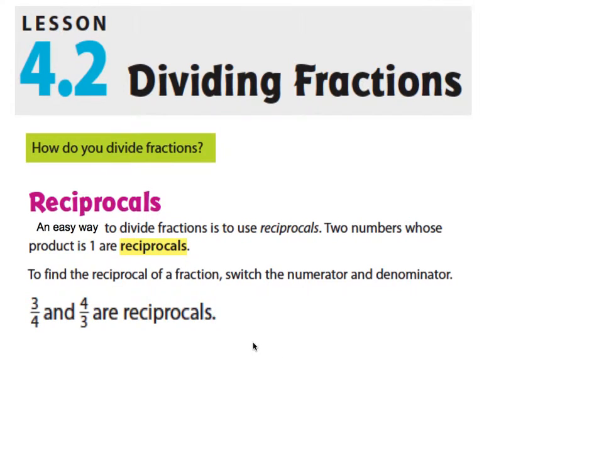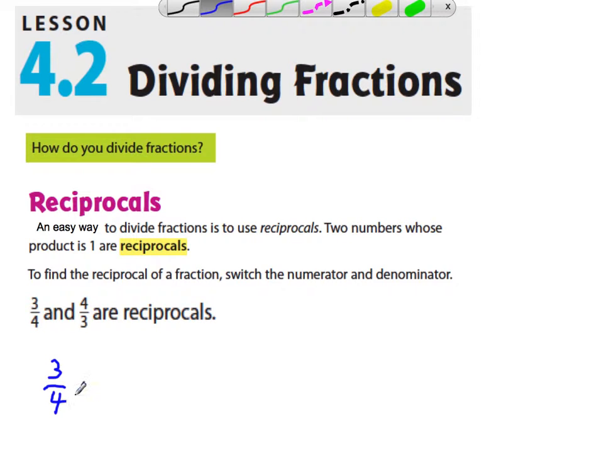There will be some whole numbers involved or some mixed numbers that we'll still need to find reciprocals for. But the main idea here is that with fractions, like in this case we have 3/4 and 4/3, they are reciprocals because their product is 1.